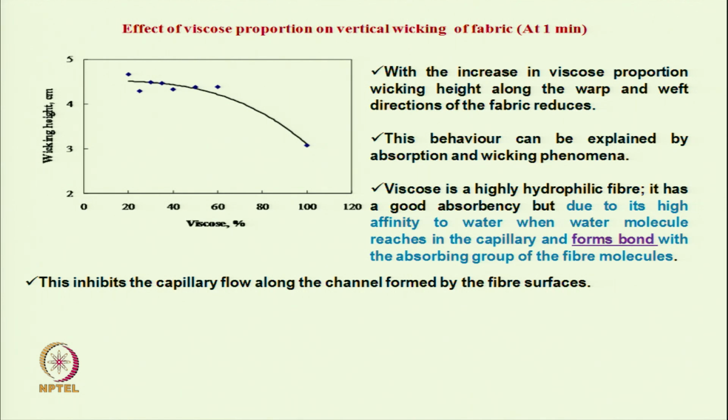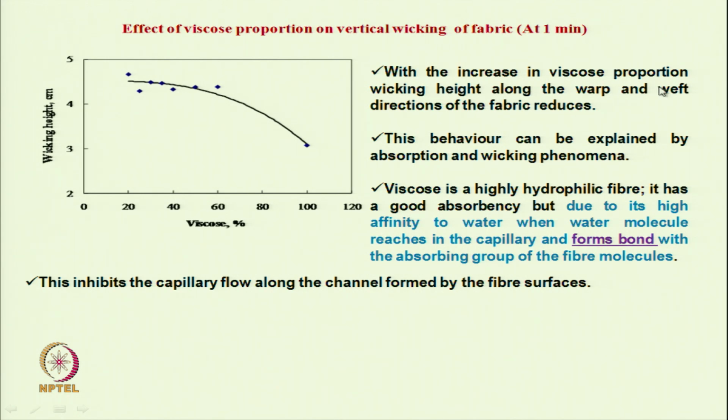The reason is that viscose is a hydrophilic fiber, so it absorbs moisture, but due to the formation of bonds between the viscose fiber and water, it does not allow the water to flow through the structure easily. It tries to retain the liquid moisture inside, that is why wicking height reduces.